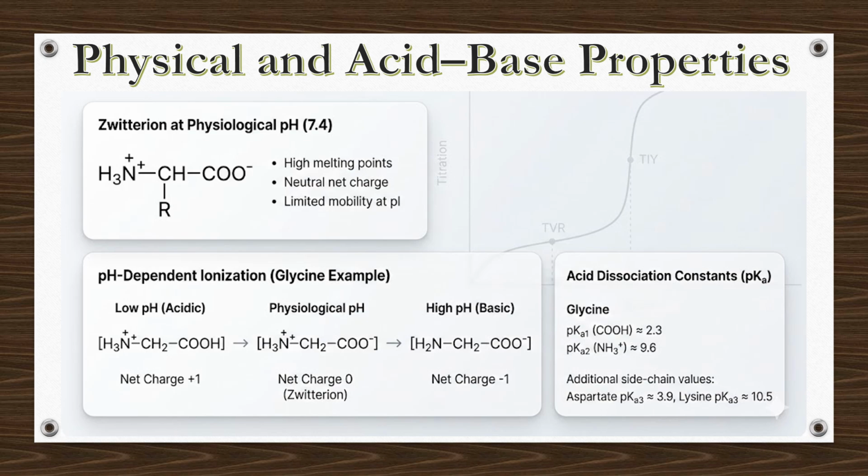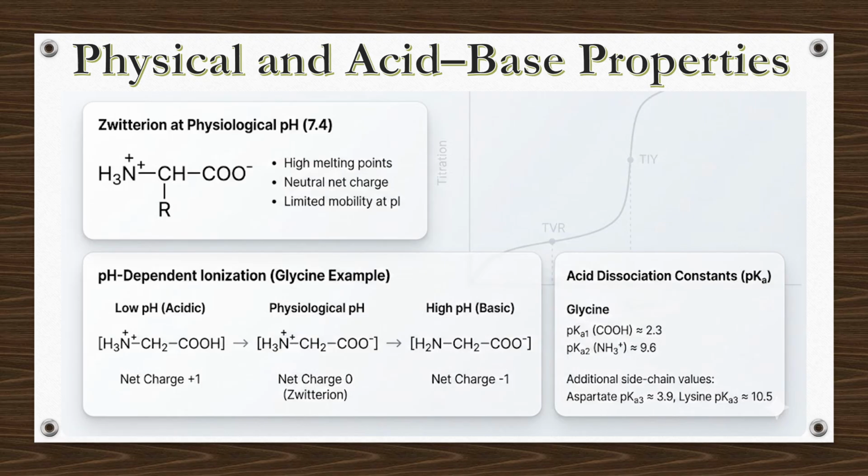This stepwise ionization is universal to amino acids, though those with ionizable side chains show an additional transition that shifts their isoelectric point toward acidic or basic.